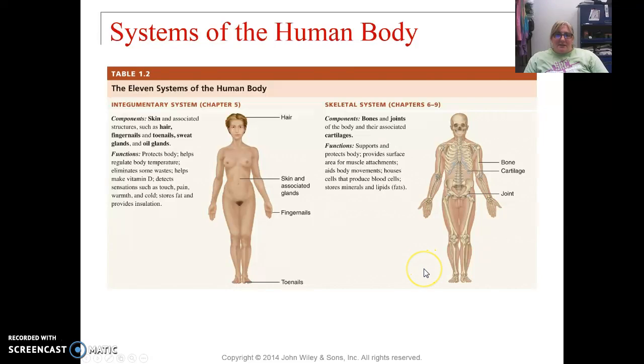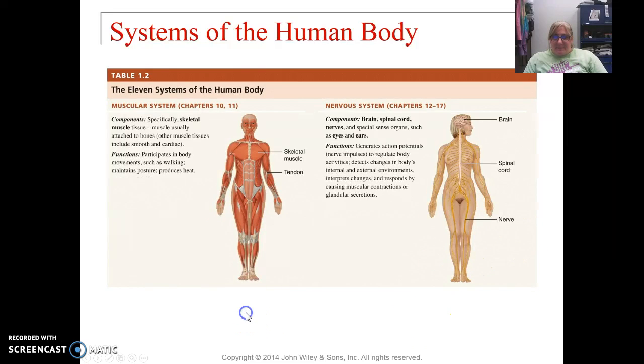The function of the skeletal system is to maintain body structure, to give us a site for muscles to attach so that we can move our body, as well as for storing fats and certain calcium, phosphate ions, as well as having a site for blood cell production.